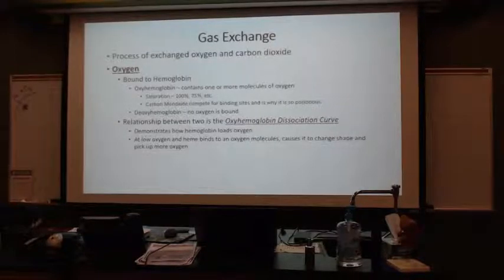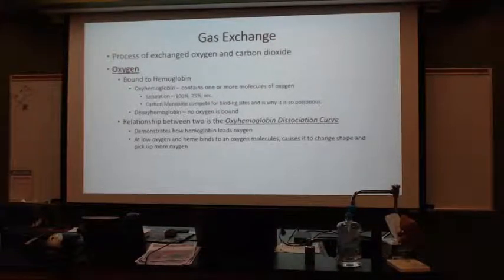If you get too much of it, it doesn't release from these heme groups. And because it doesn't release from the heme group, oxygen cannot bind, does not get to the tissues, and you die. This is why carbon monoxide poisoning is so dangerous, okay?